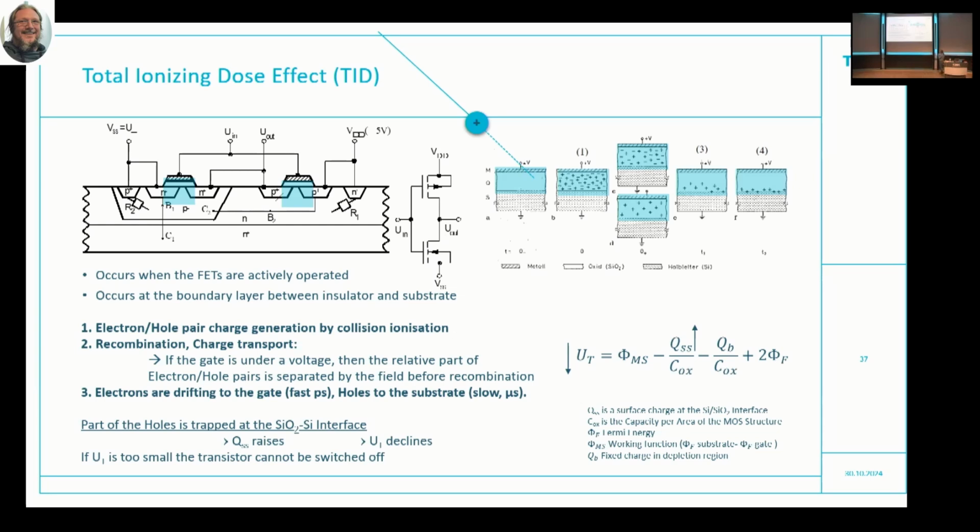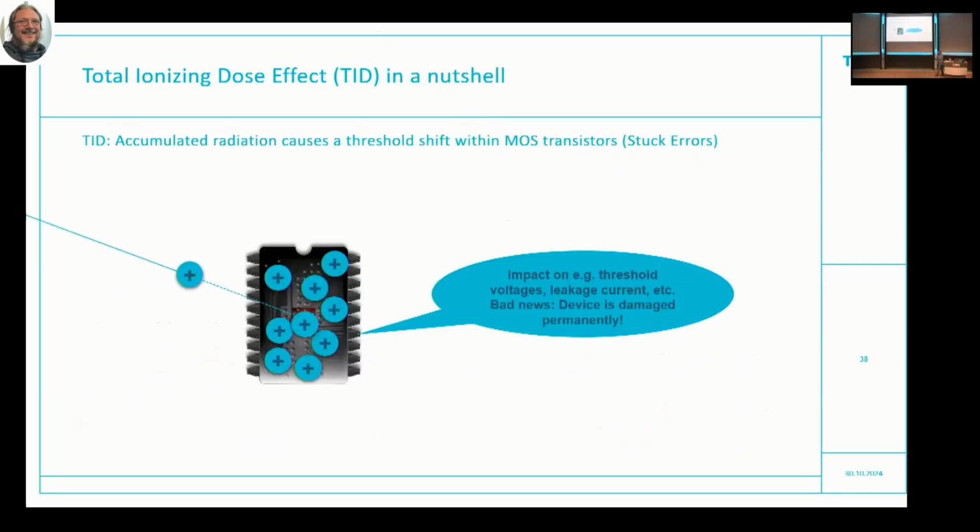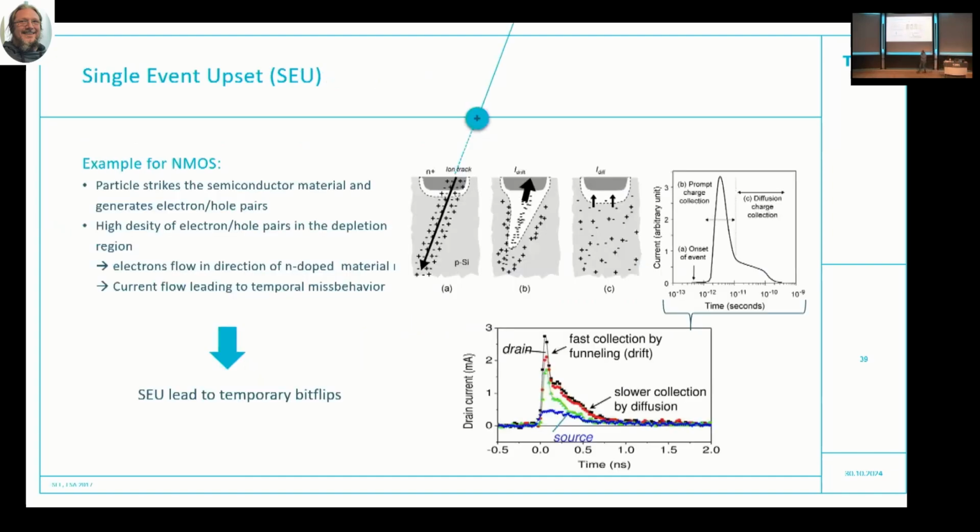And when we decrease the threshold voltage by this accumulated radiation, then we have a stuck error on our transistor. Forget about all the slides. This is what's happening, and this is the only thing that you have to know. The particle is accumulated on our chip and therefore leads to a decrease of our threshold voltage, and therefore in the end we have a stuck error. So our transistor is damaged and we cannot repair this. It is permanently damaged.